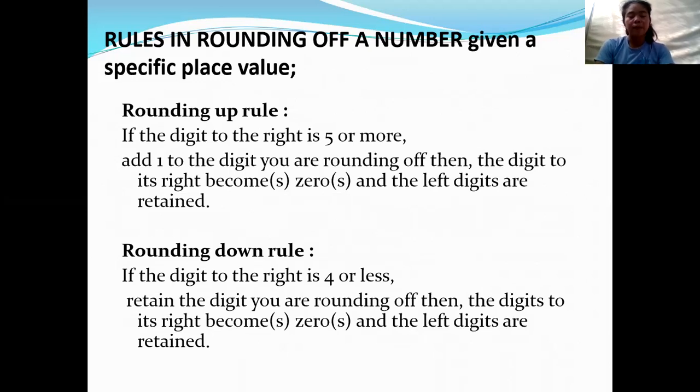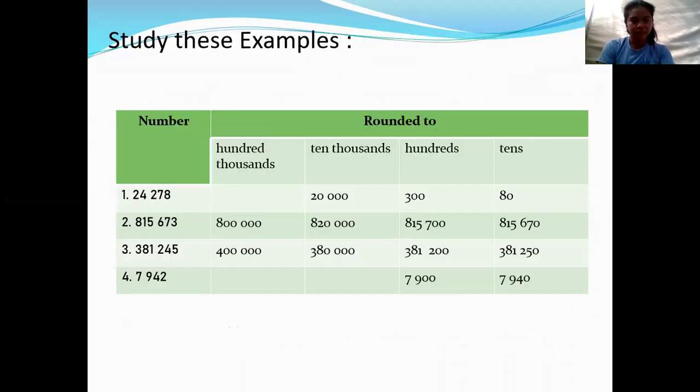Okay, we have here more examples. Study these tables. Number 1, we have 24,278. We are going to round this off to the nearest 10,000. Our 10,000 place is 2.